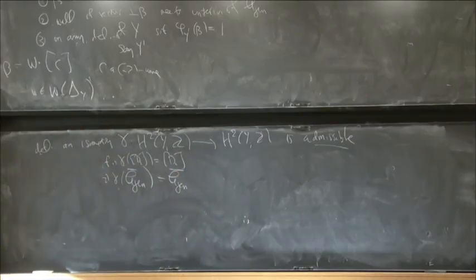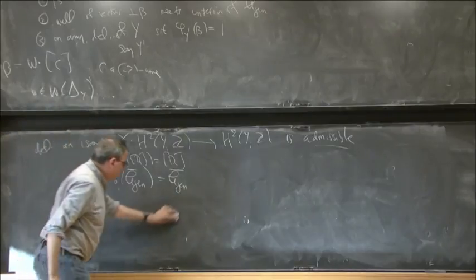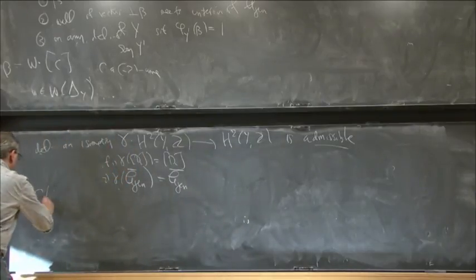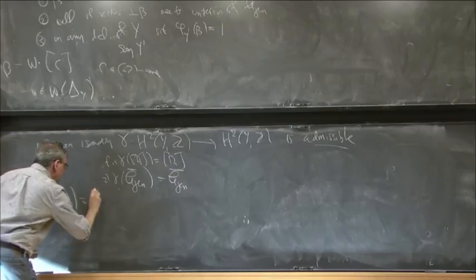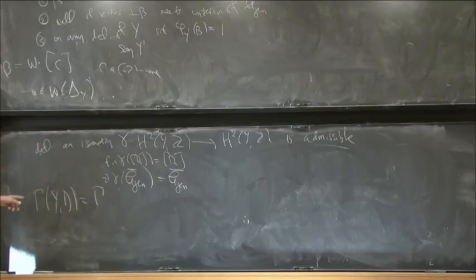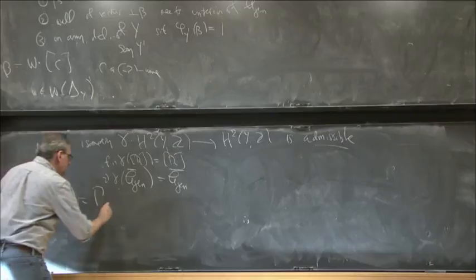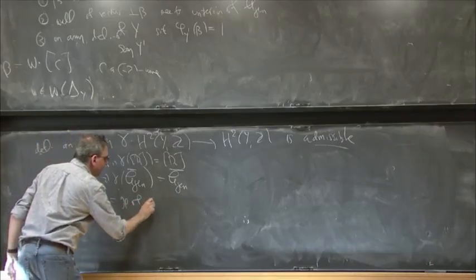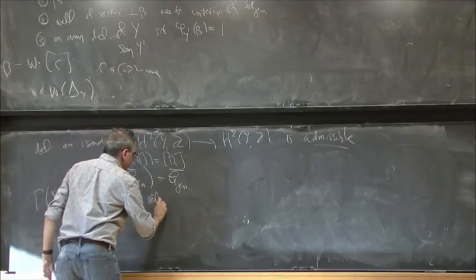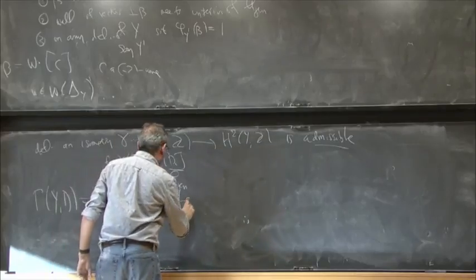Okay, and in particular, it'll take the positive cone to itself. So this is a deformation invariant definition, though it only depends on the deformation equivalence class. This is the group of admissible isometries.